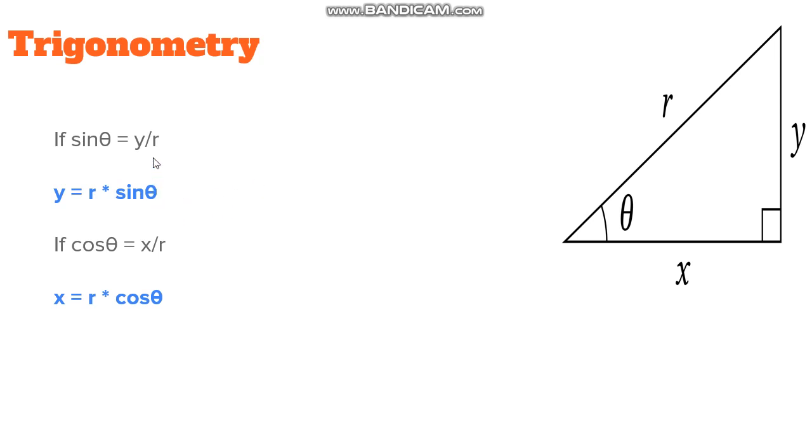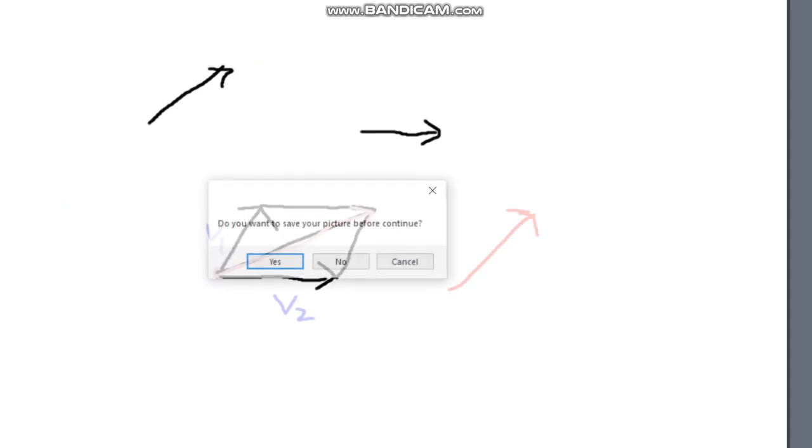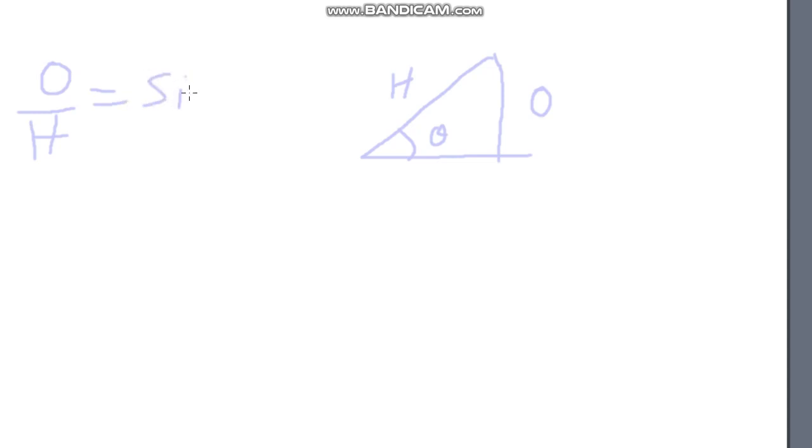How does that happen? When you just move it around, for example, let's say you have theta here, then sin theta is opposite by hypotenuse, which is O by h equal to sin theta.